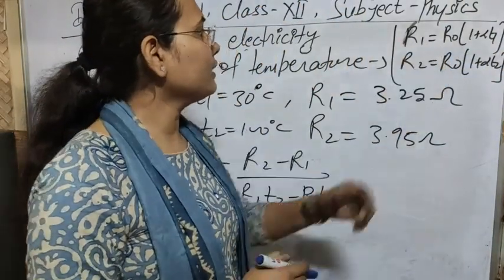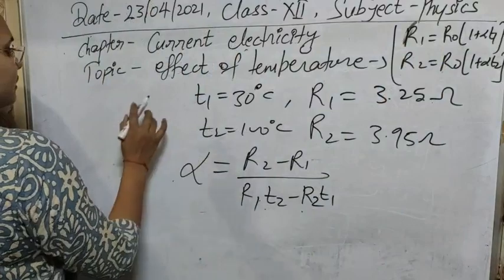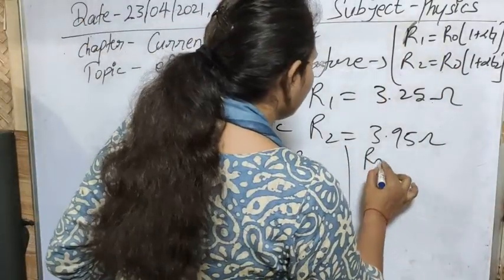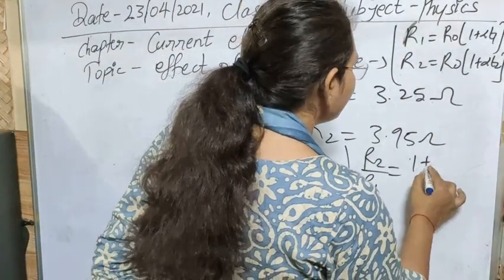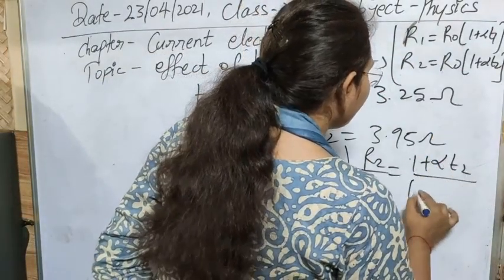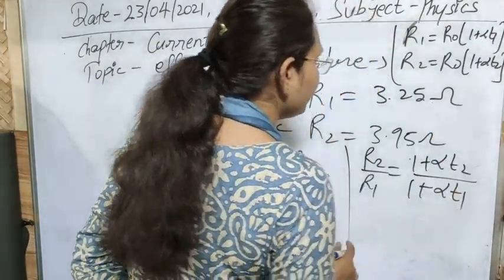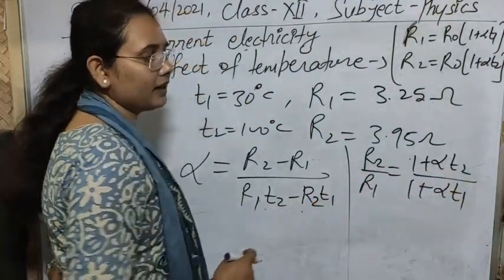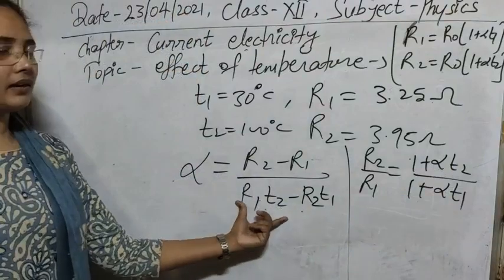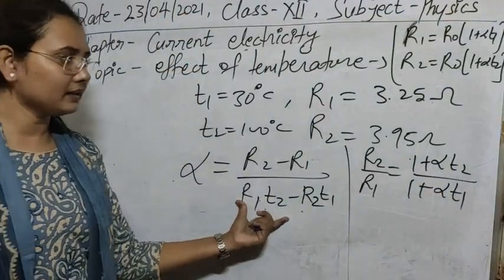Even here, if you take R2 upon R1, then this will be equal to (1 plus alpha T2) divided by (1 plus alpha T1). Now you can cross-multiply these terms and find the value of alpha. So alpha can be written in this way also. Clear?